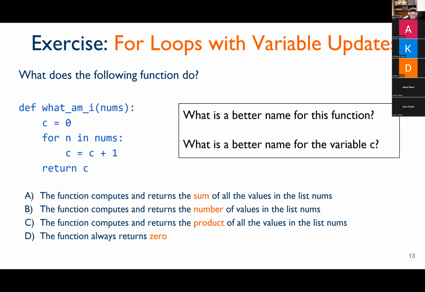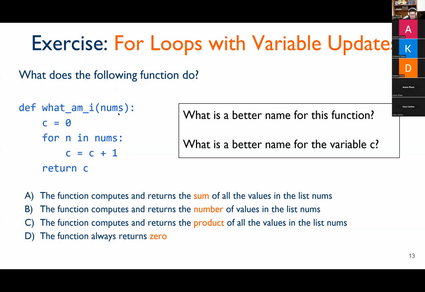We have c equals to 0. For n in nums, you increase c by 1. So if you look at this code, I'm going through this list, n would take every element in this list. And every time the loop runs, I'm increasing c by 1.